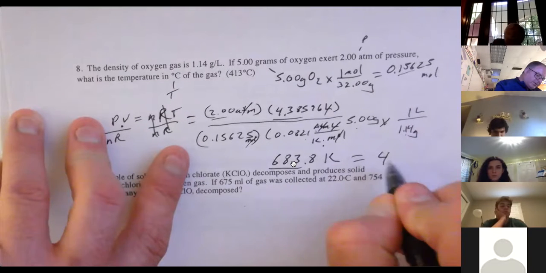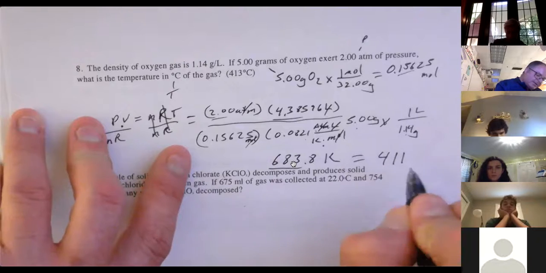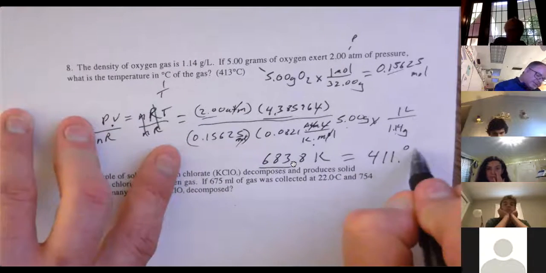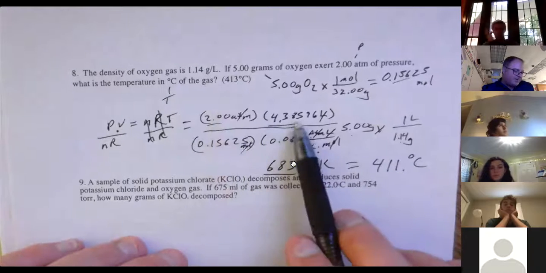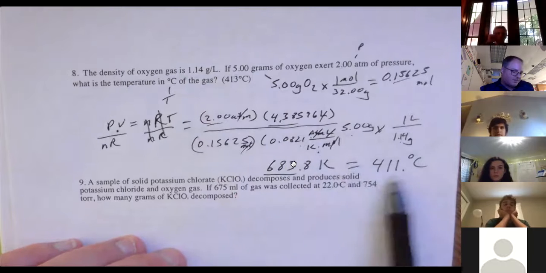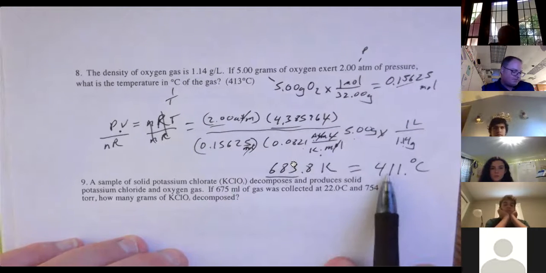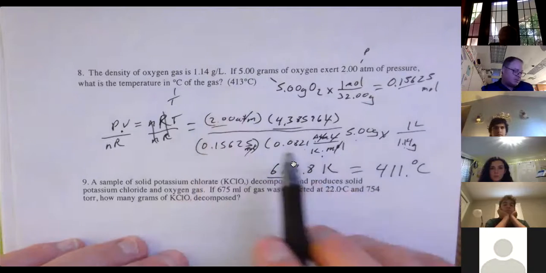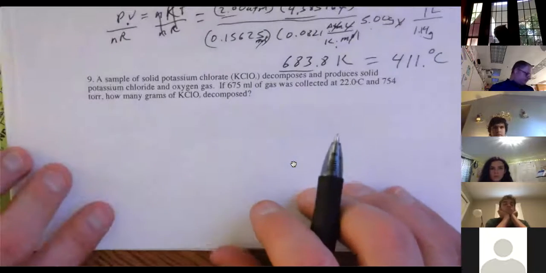So that brings us to 411 degrees Celsius. So they got 413 probably because of them rounding this to 4.39 or something like that. I am comfortable enough with this, 411, by looking at how close that is. I didn't round until the very end. They may have rounded before that point. So that's how you do that one.